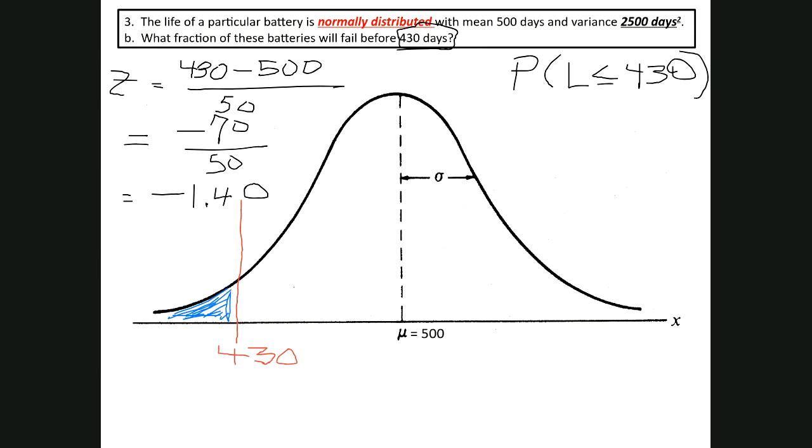So what we're going to see in the table is the value for Z that corresponds to positive 1.40. And that probability in the table is everything that's to the left of positive 1.40. But that's not what we want.